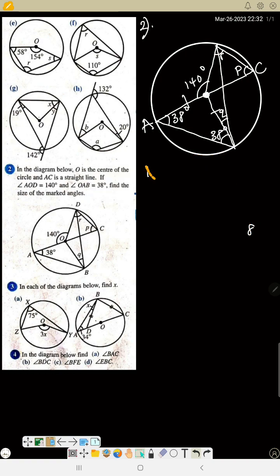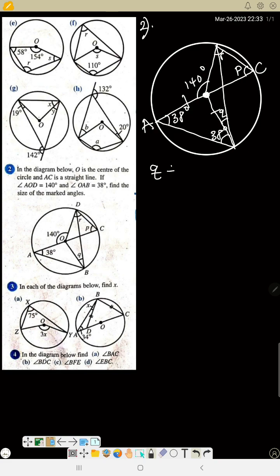Because normally that is how you can even know you are right or wrong: that Q now is small, so it can't be that large. So the angle at the center is twice the angle at the circumference. So if here is 140, that means the two angles here must be 70. That is, Q plus 38 must be 70, because here is 140, and 140 divided by 2 is 70. So the total angle there must be 70.